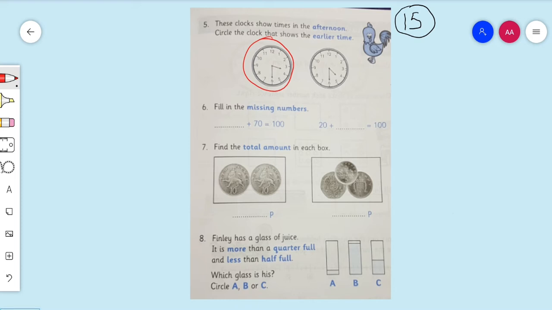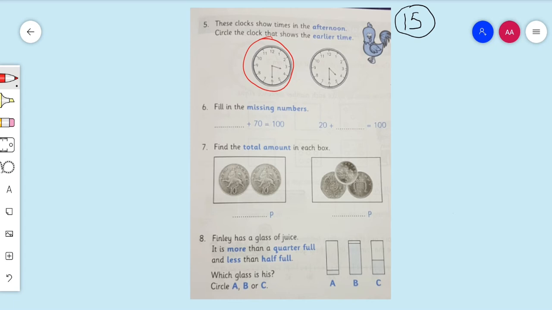Now let's do question number 6. It says fill in the missing numbers. The first calculation is something plus 70 equals 100. And to find the answer, we need to assume that this something is anything.